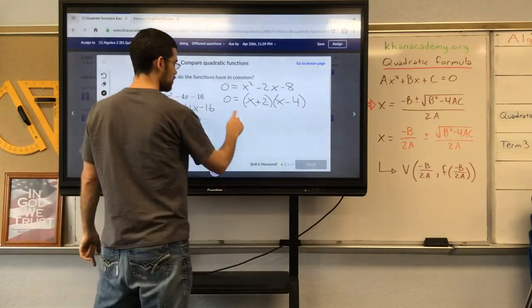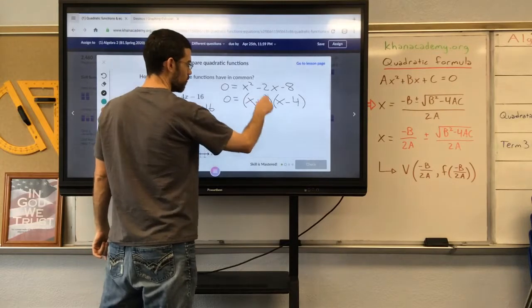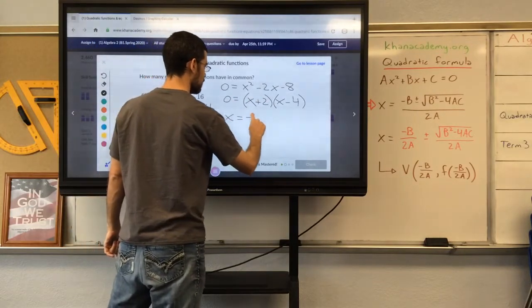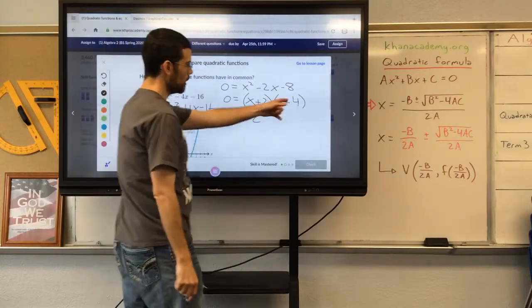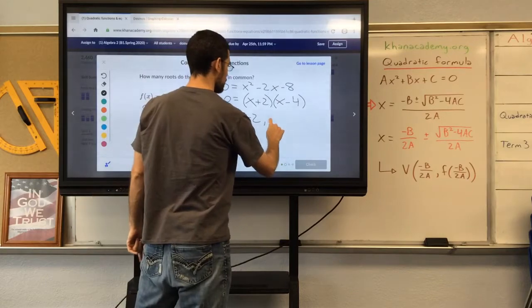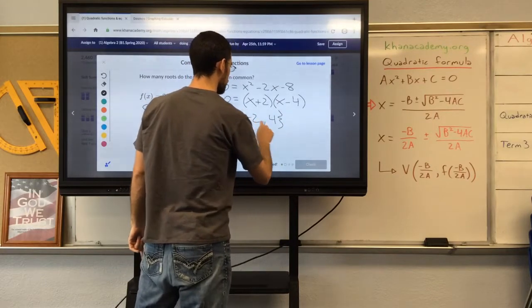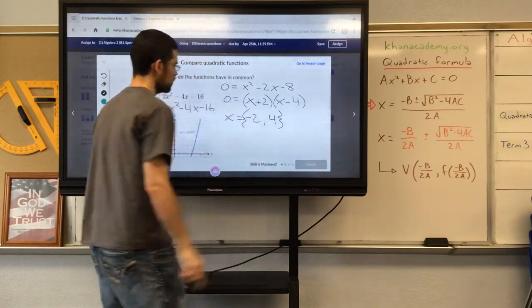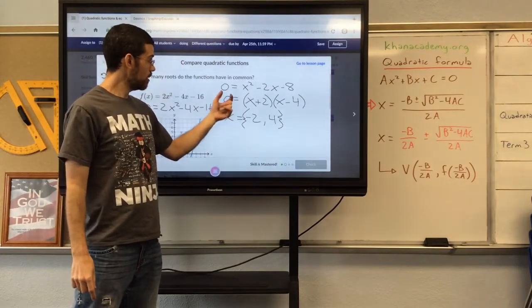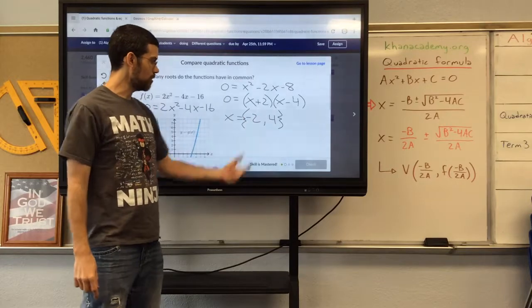So our zeros happen when this factor equals 0, that is when x equals negative 2, or when this factor equals 0. And that happens when x equals 4. So my two x coordinates of the x-intercepts are negative 2 and 4.